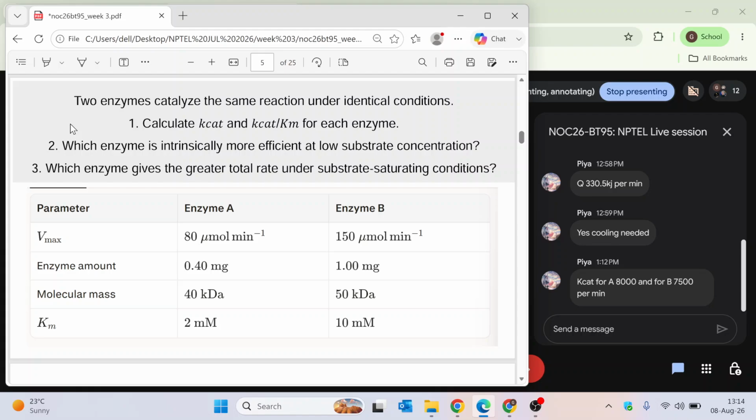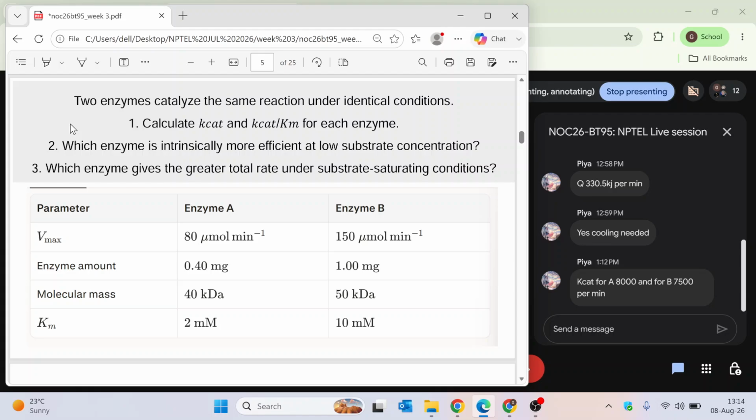Note that you are given the mass and the molecular mass. You have to find the moles, which is mass by molecular mass. So mass you can take directly. The molecular mass, you just have to know that 1 kilodalton is equal to 1000 gram per mole. And then you will get the molar concentration of enzyme A and enzyme B.